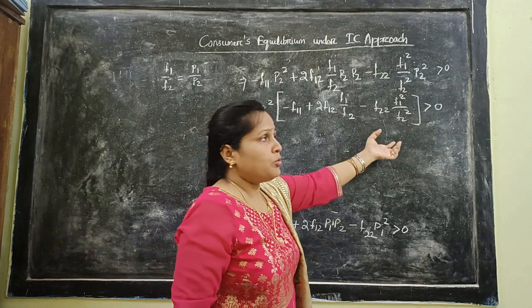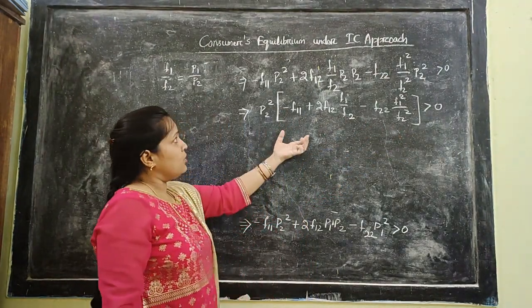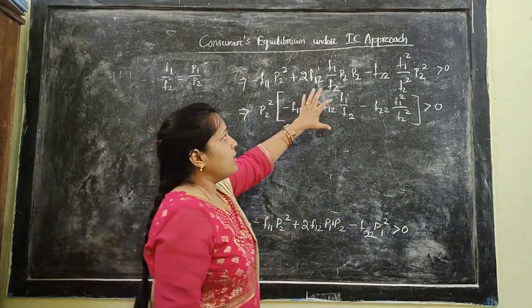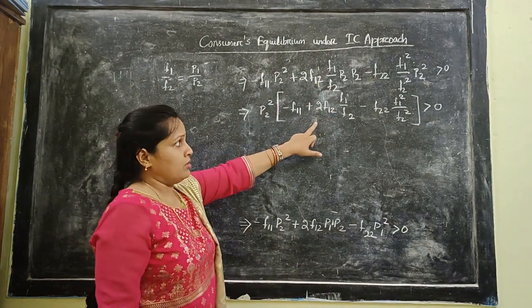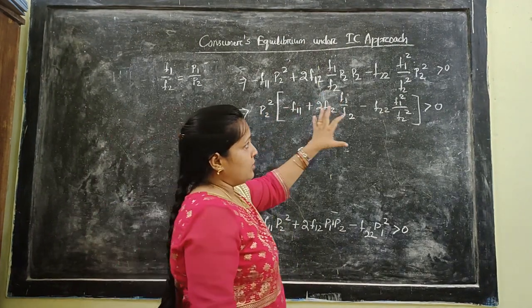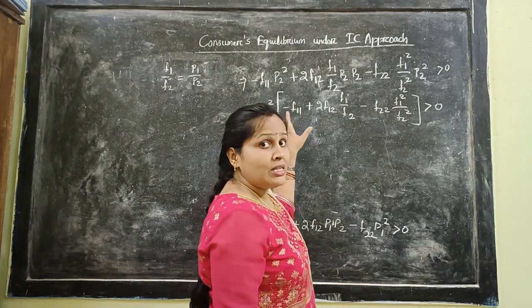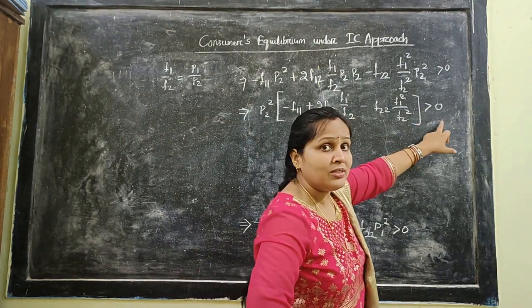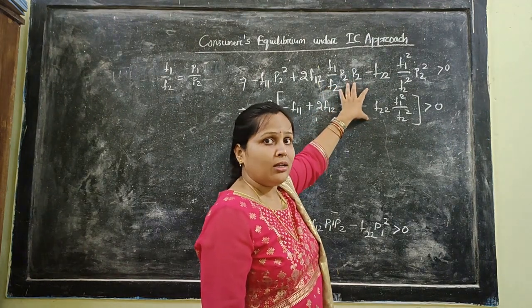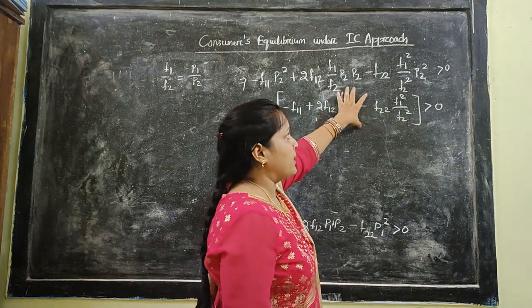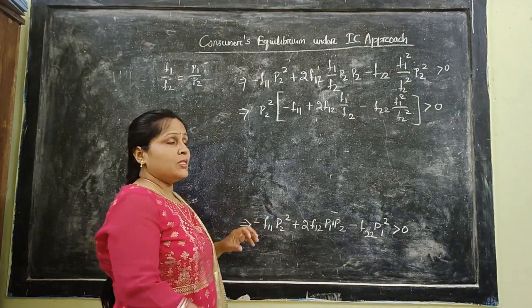All these terms have to be greater than 0. Now there are two terms, one is a square term and the other one is a bracketed term. Since this is a square and the multiplication of this with the bracketed term is greater than 0, the bracketed term has to be positive.